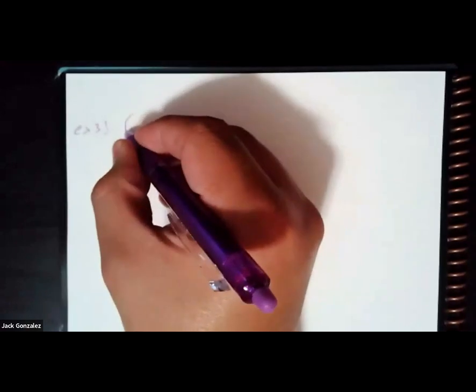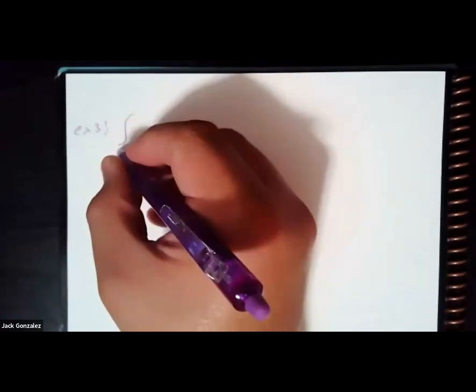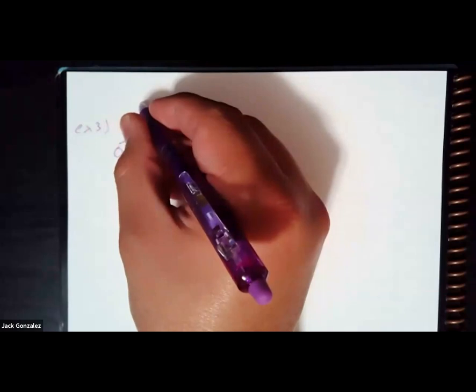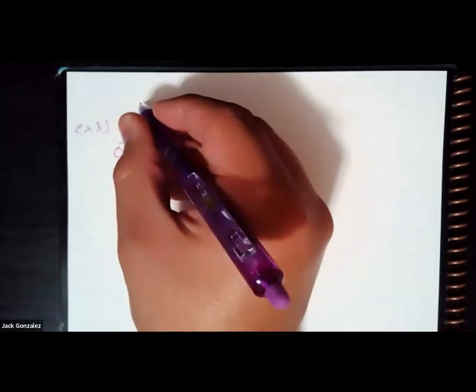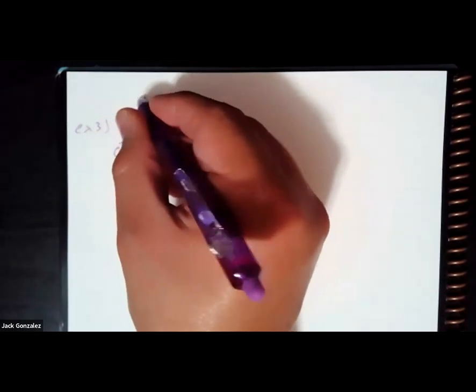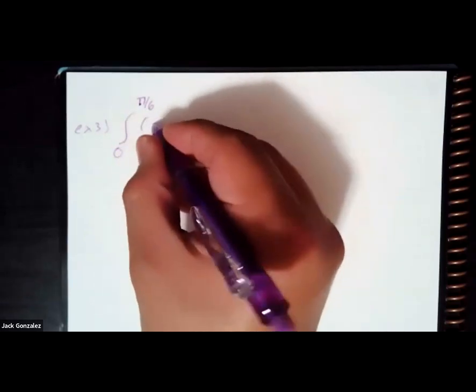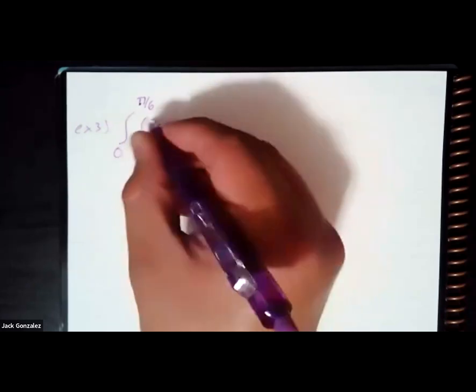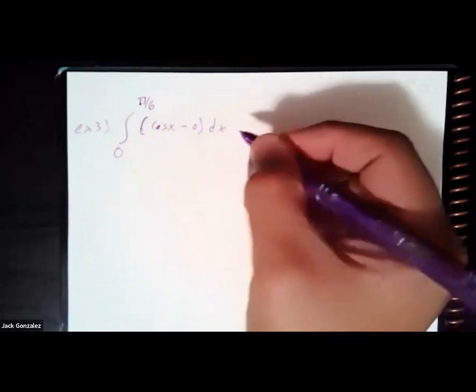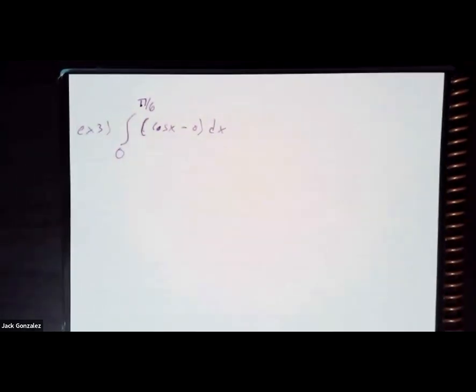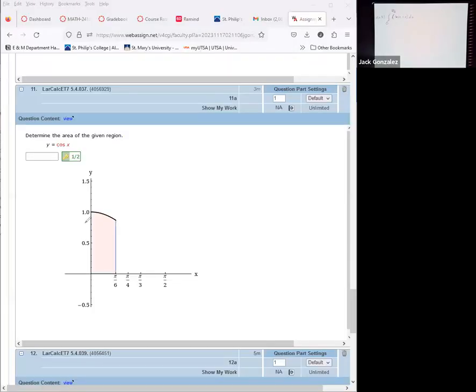All right, so the integral from 0 to pi over 6, sorry, I think I said 0 to 1, of the function cosine minus 0. When you look at the graph, it's always going to be the upper bound minus the lower bound. So what I'm saying is this upper piece minus the lower piece.